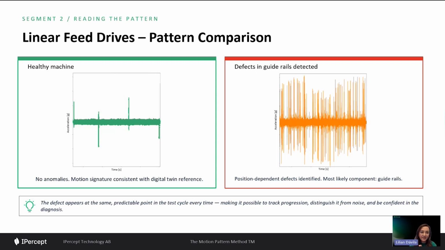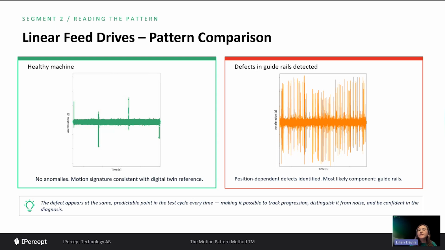In practice, what it means is that when the linear feed drive is traveling from one side to the other, instead of having a smooth movement, it is having small bumps throughout the stroke. So the key point at the bottom is that the defect appears at the same predictable point in the test cycle every time.